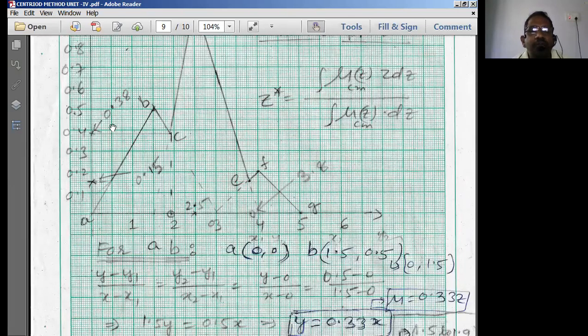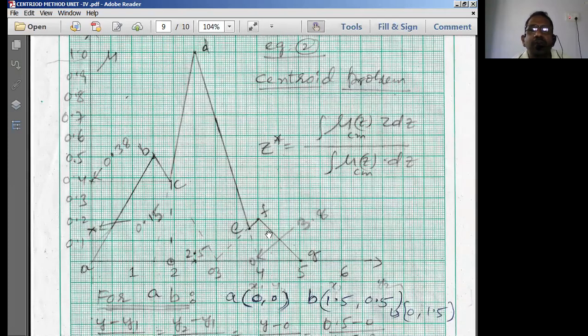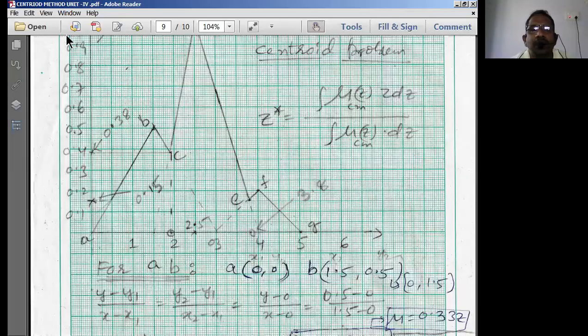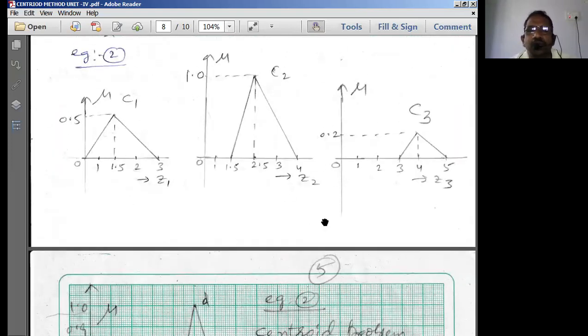After that, we have to find the equations of all these straight lines. Then we will get the equation for mu. Equation of a straight line means what? We'll get the equation for mu over here, and the equation for mu over here. The procedure is the same for whatever membership function is given to us.